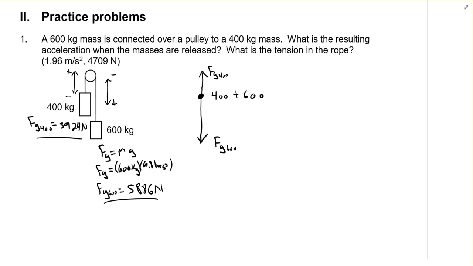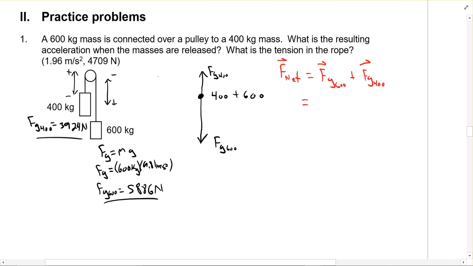So now we can say F net for the system is just going to be Fg for the 600 plus Fg for the 400 one. I'll put the little vector symbols up there. All right, so remember Fg is going down, but now down's positive. We're calling down positive on this side.